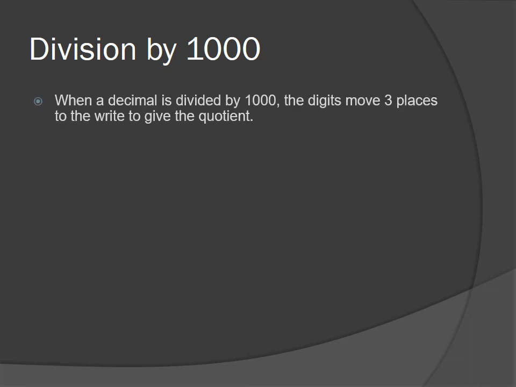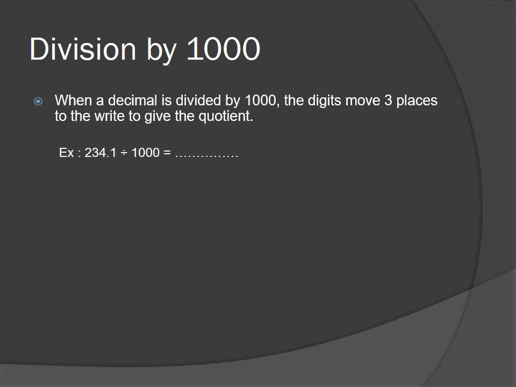Division by 1000. When a decimal is divided by 1000, the digits move 3 places to the right to give the quotient. It means to get the answer, when we are dividing, we always want to move that decimal point to the left side. Here, when we are dividing by 1000, we want to move that decimal point 3 places to the left.